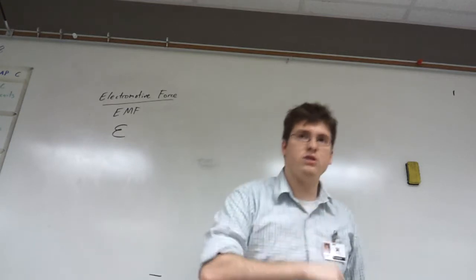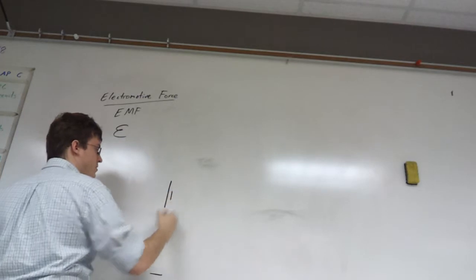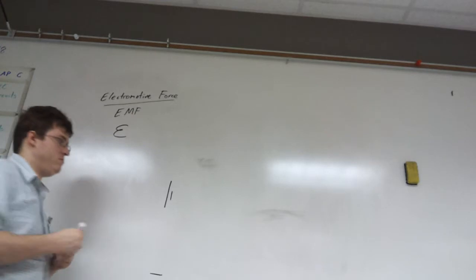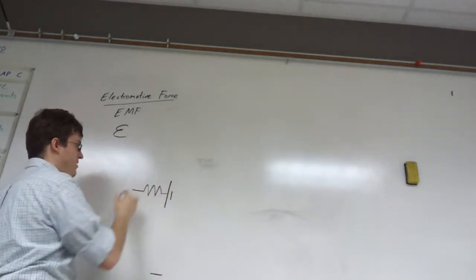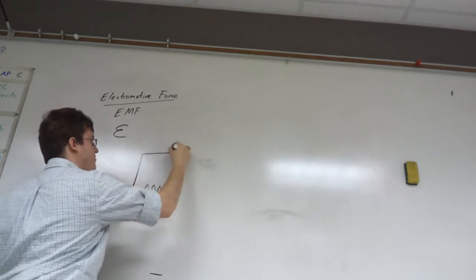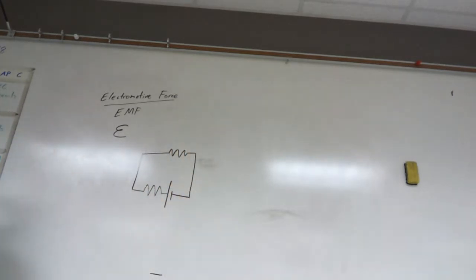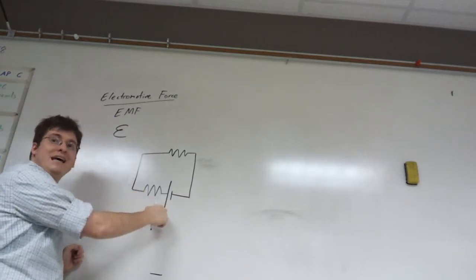So what it looks like in a circuit is this. Here's my battery. The battery itself has some internal resistance. I'm going to represent that by a resistor either right before or right after the battery. It doesn't matter which one. This is the battery with some electromotive force.